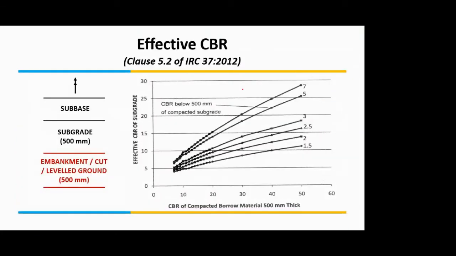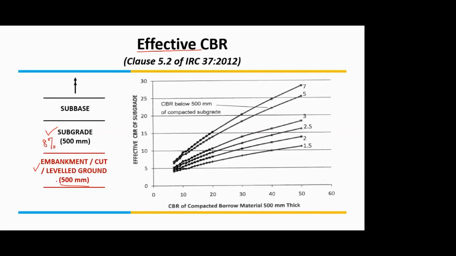So now coming to our point, what is actually this effective CBR. So now if I am saying that my subgrade is going to be 500 mm and I am going to consider the soil which is 500 mm below this subgrade. So suppose the CBR value of this subgrade is 8%.